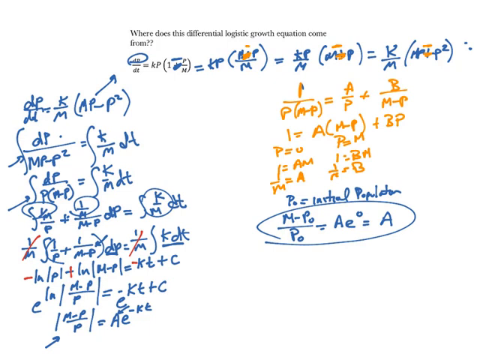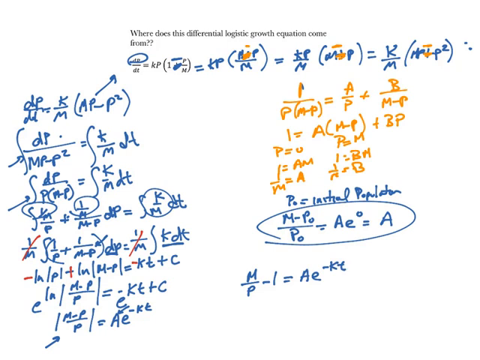All right. So, and I know that a is going to change signs depending on whether or not I need a positive or negative there. So I'm going to just say it's a positive. So I'm going to get rid of the absolute value, in other words. I'm going to say that this is really m over p minus 1 equals a e to the negative kt.